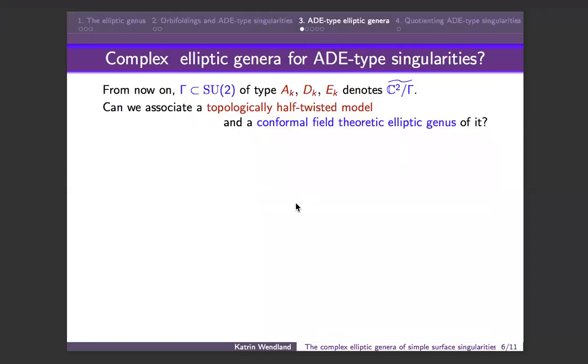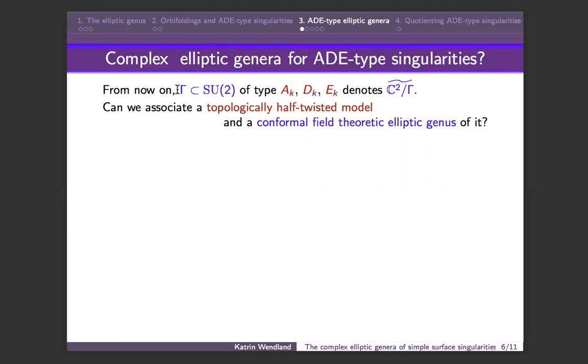To ease notation a little bit, I will use the letter AK, DK, or EK, both to signify the finite subgroup of SU2 that is needed and the resolved singularity. So the thing where we glued in the graph that I showed you previously. Now, how to calculate an elliptic genus? Turns out that the quantum field theory approach is much easier here.